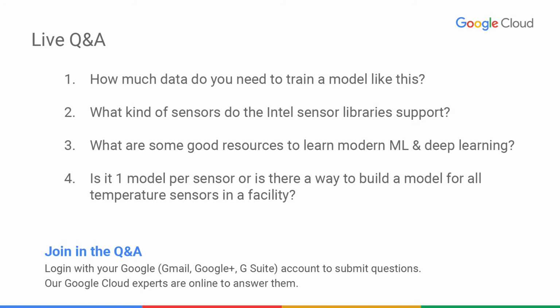Awesome. All right, next up. What are some good resources to learn modern machine learning and deep learning? I'd say a couple of things to do. Number one, Coursera has a few courses on deep learning. But what I'd suggest is you start from the older machine learning course that's available on Coursera.